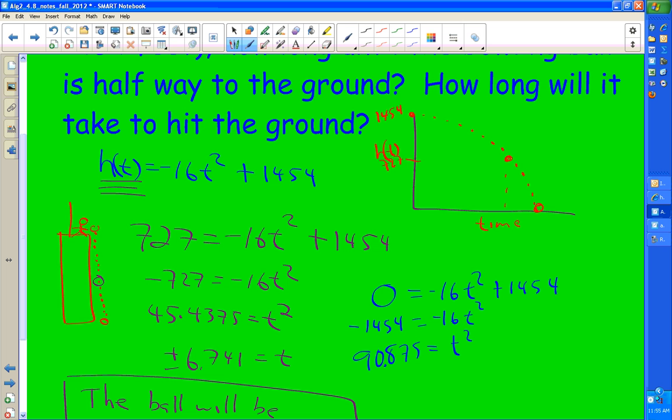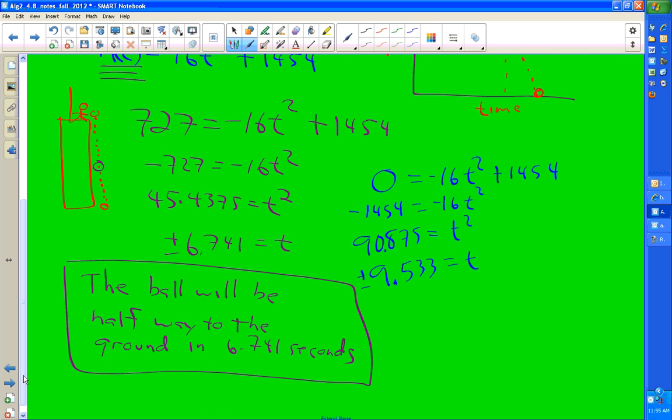If you square root, you're going to get 9.533 equals t, plus or minus. Now, obviously, it's not the minus. There's no negative time. So it takes 9.533 seconds for the ball to reach the ground.